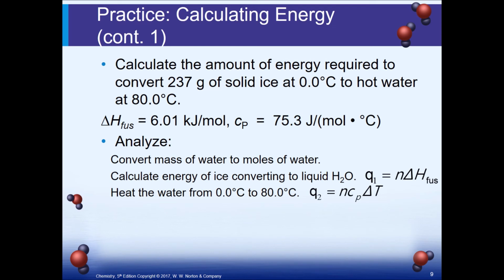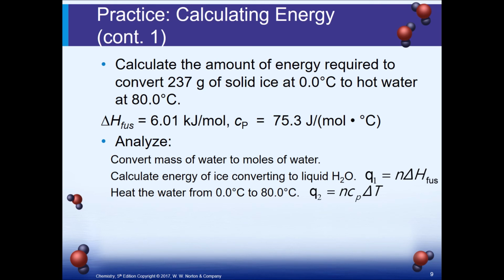All right, let's now take a look at a problem that combines both heat capacity and enthalpy of fusion together. So let's calculate the amount of energy required to convert 237 grams of solid ice at 0 degrees Celsius to hot water at 80 degrees Celsius. In this case we have two different steps going on.